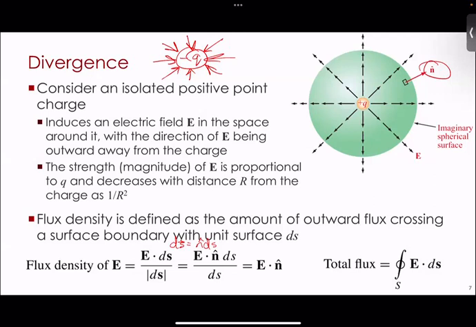Because if we want to calculate the total flux, we have to know it over an entire surface. In that case, you know, we're only covering half the potential surface area, and it wouldn't tell us the total flux. It would only tell us the flux over that particular surface. The total flux tells us, kind of like this sphere does up here, how much, in this case, it's acting like a source overall.